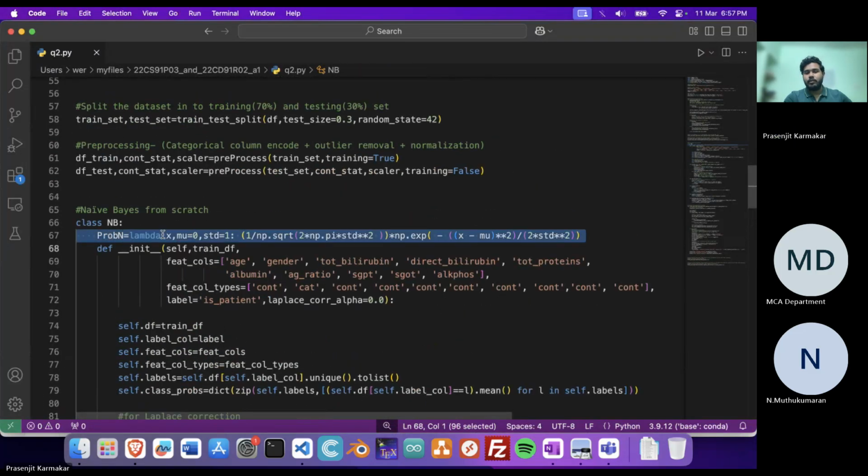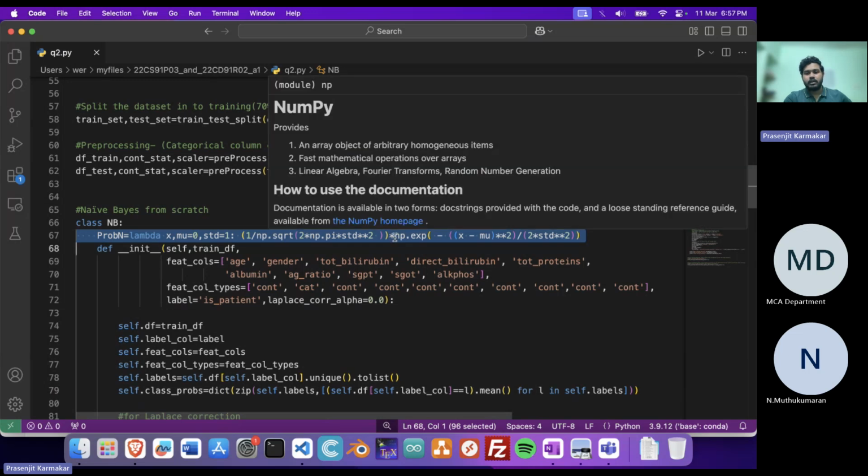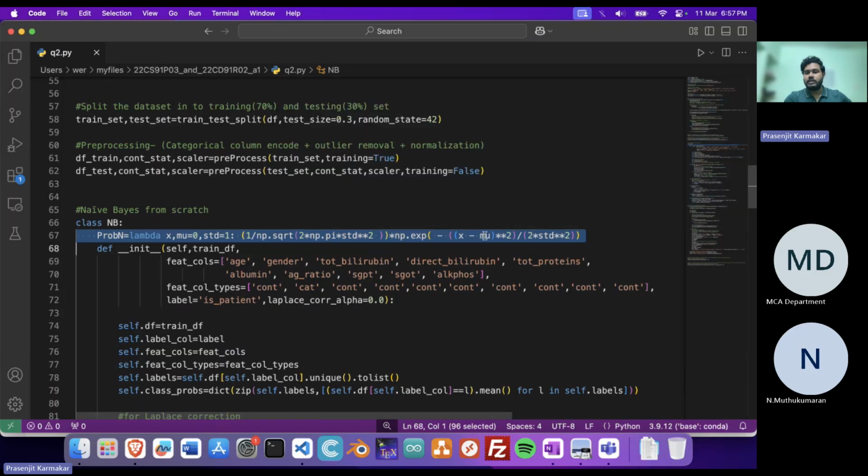And then we are using this equation: f(x; mu, std) is equal to 1 over square root of 2 pi sigma square, times e to the power minus (x minus mu) square by 2 sigma square.